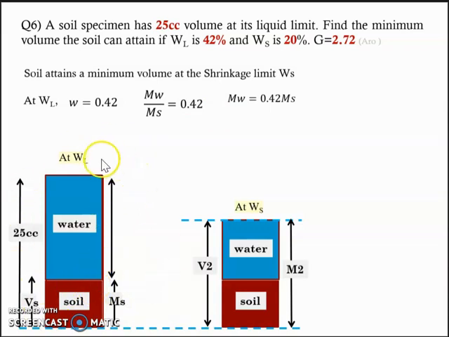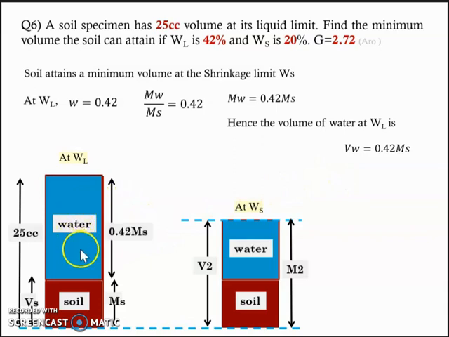So based on this figure, you can say that the volume of water at the liquid limit is 0.42 Ms, because the density of water is 1. So mass of water is 0.42 Ms, from which you'll get volume of water as 0.42 Ms itself. So you have volume of water written here, 0.42 Ms.